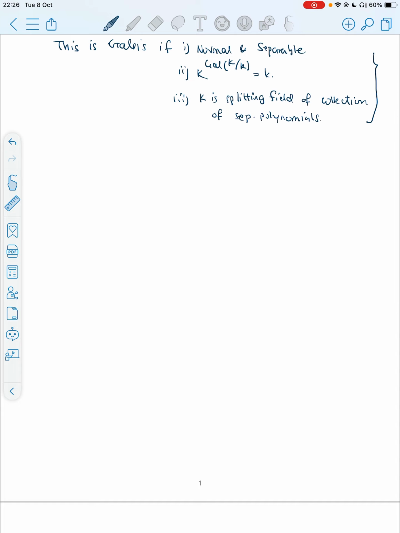And the fundamental theorem, in case the extension is finite, says there is a bijection between the subgroups of this Galois group, which is nothing but the set of k-automorphisms of K which fixes small k pointwise.